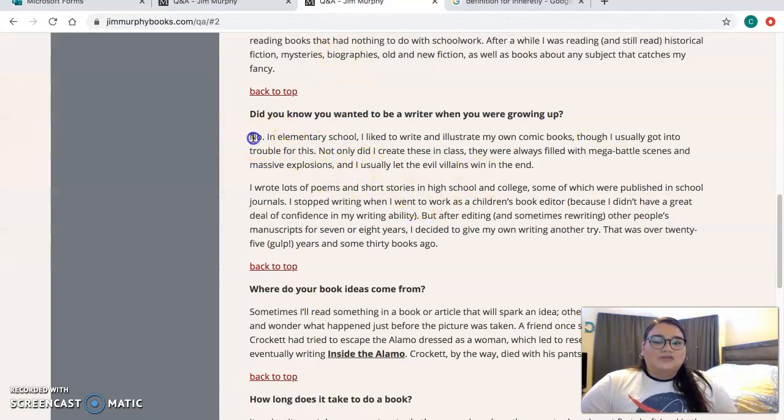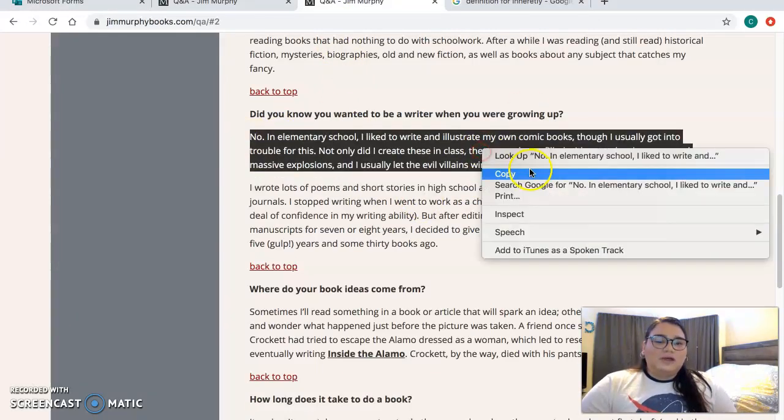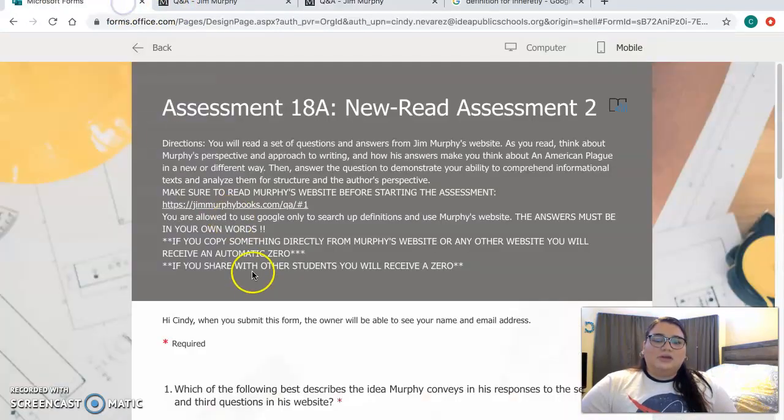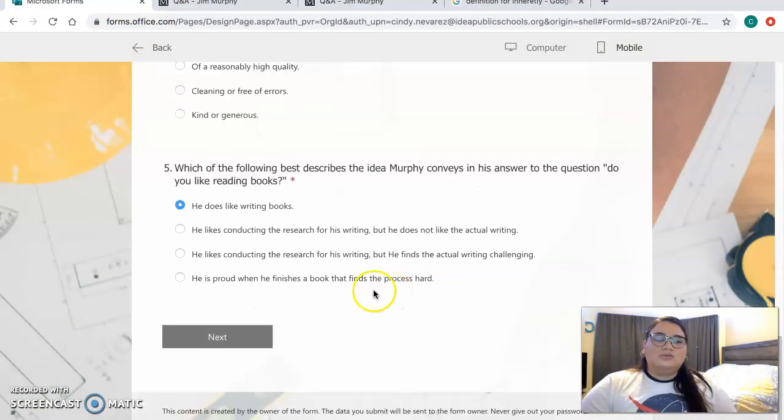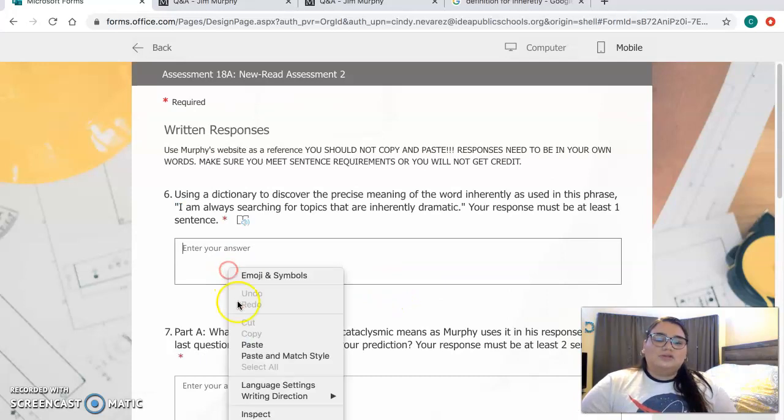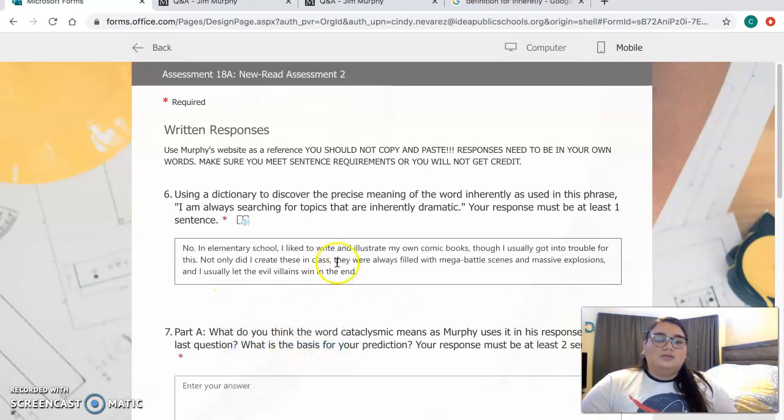Does that mean that I should go and copy this whole response and put it over here in my open-ended response, and I'm done, I'm going to turn it in? No, this is cheating. I don't know if any of us know that, but copying from Google, copying from another website, if those ideas and those words are not coming from your head, or you're at least trying to rephrase what you're looking at, it's called plagiarism.